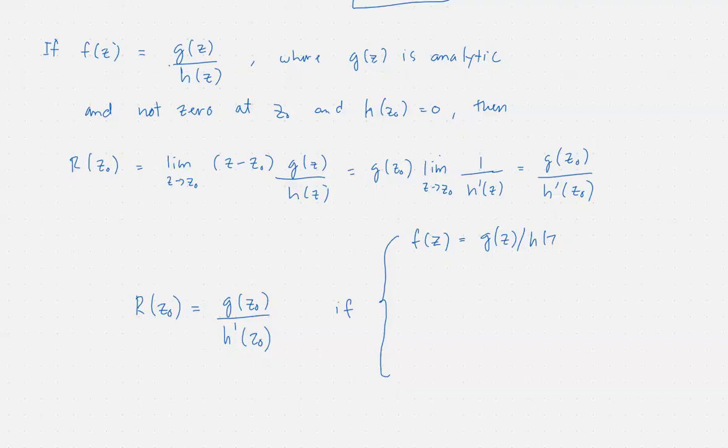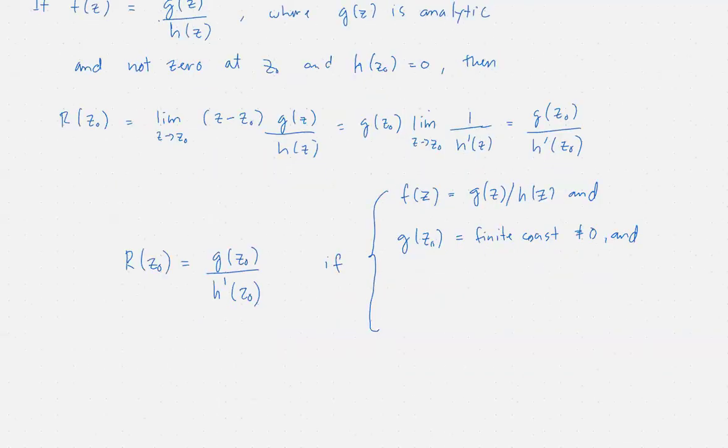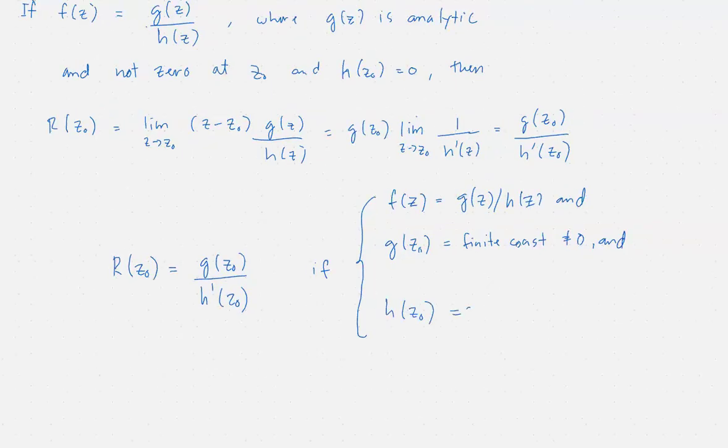And g of z sub 0 is finite, constant, and not equal to 0, so we cannot have 0 over 0. And finally, h evaluated at z sub 0 is 0, and h prime, the first derivative evaluated at z sub 0, is not 0. So that is how we solve this kind of problem.